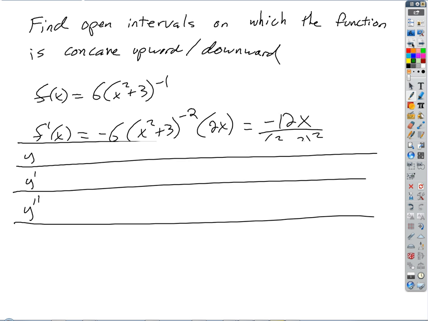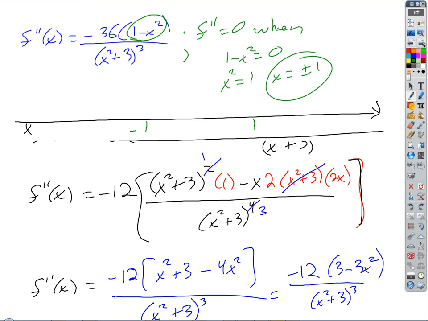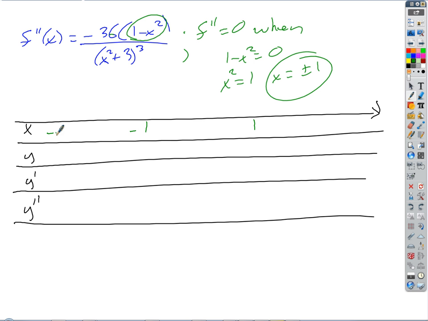If we go back and look at our function, no domain was prescribed for us. So what is the domain here? Are there any restrictions on our function? All reals. These were zeros of the second derivative. So what do I do to figure out the intervals on which the second derivative is positive and negative?